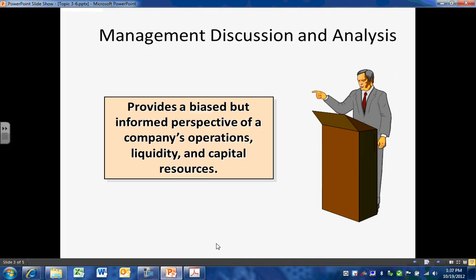In addition to disclosure notes, management must present a section that describes their perspective of a company's operations, their financial position, and the resources that they have available.